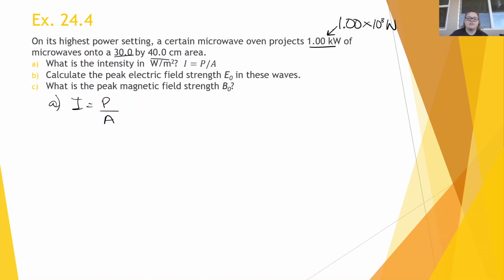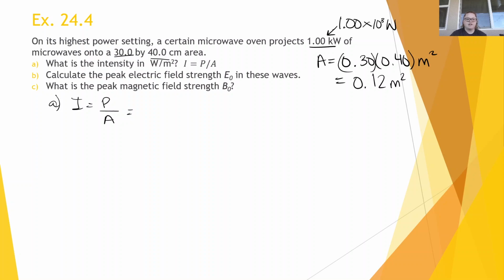We need to be careful because it's in centimeters, so our area should really be 0.30 times 0.40, that way it's in meters squared. So let me quickly do that. Okay, that is 0.12 meters squared.